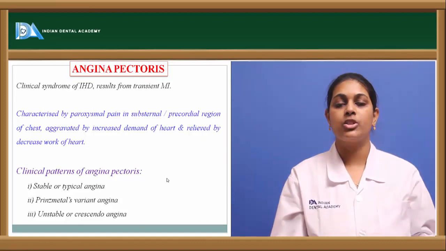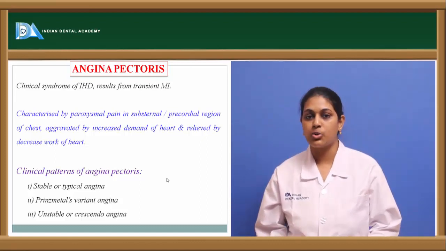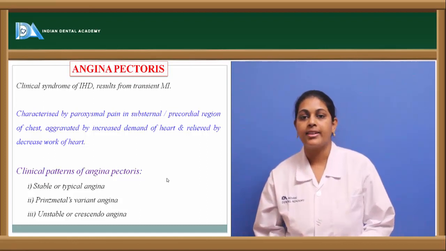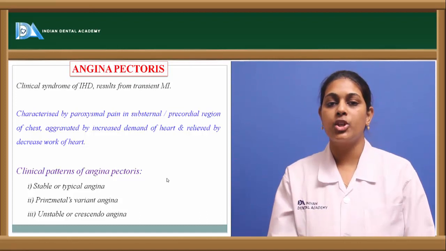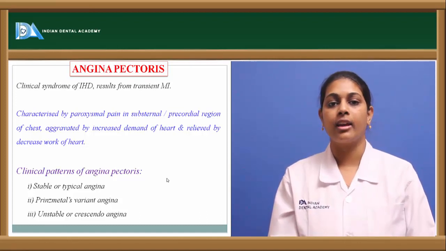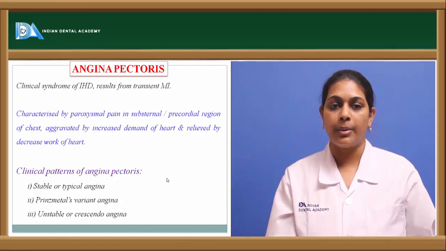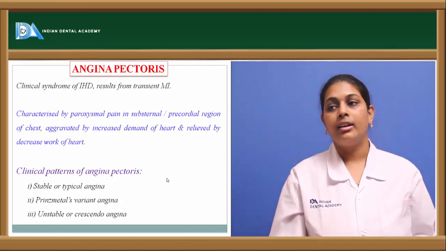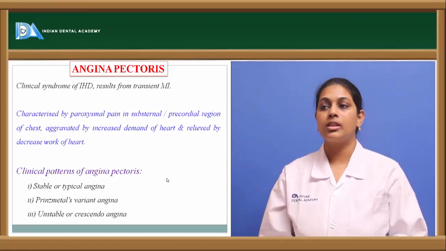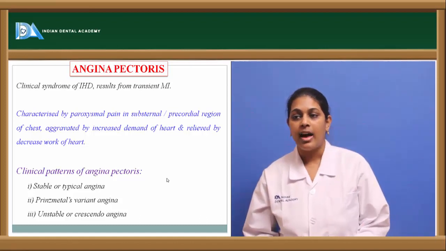Usually the patient complains of pain in the substernal space as well as the chest region, and this is aggravated by increased demand of the heart. That is, in such conditions there is increased demand of the heart, increased workload stressed on the myocardium, and it is relieved by the decreased work of the heart. So this is the characteristic feature seen in angina pectoris.